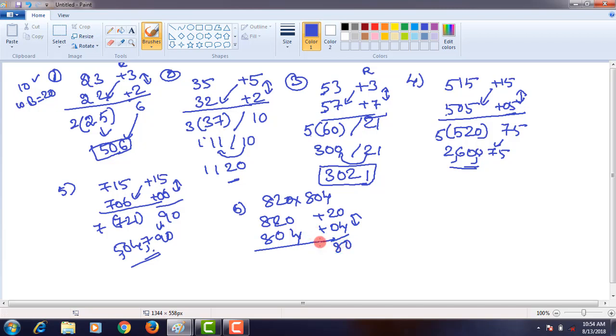As we got a 2 digit number, no need to carry over. Then add these two, cross addition, that is 824. To get the actual left part of the answer, this has to be multiplied by 8. So you will get the actual left part of the answer as 6,592, and the right part is 80. So you will get the answer as 659,280.